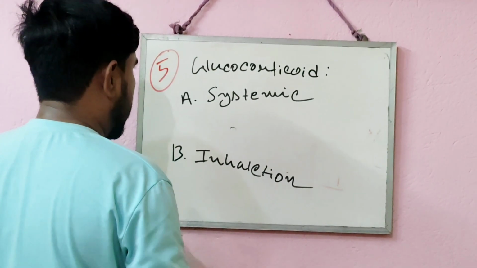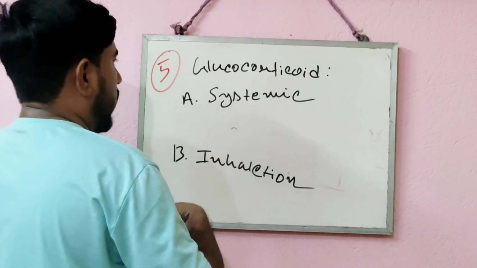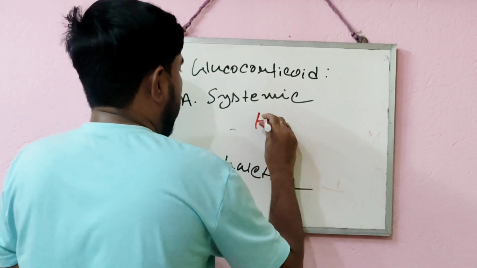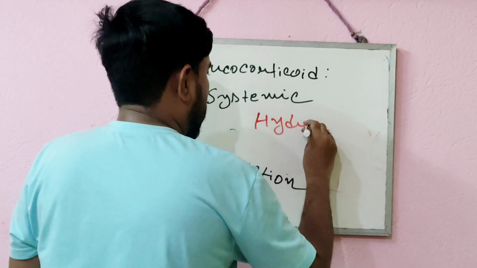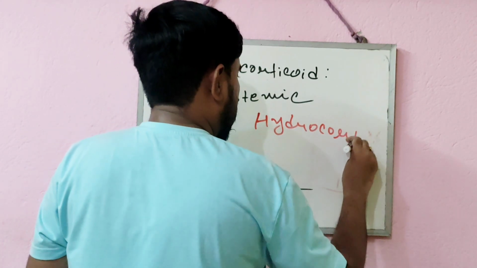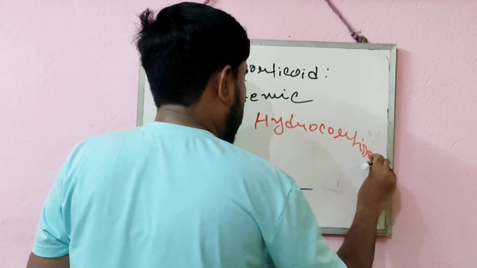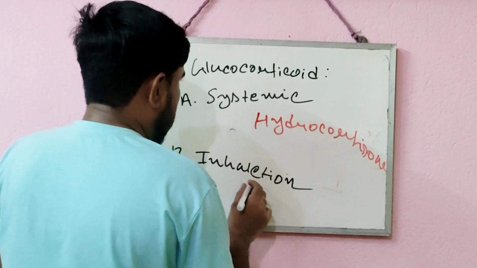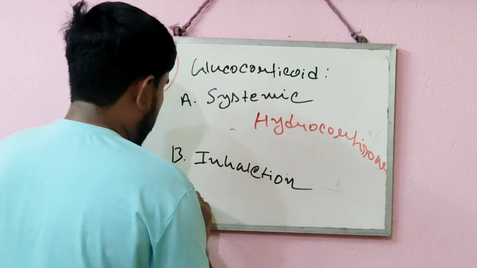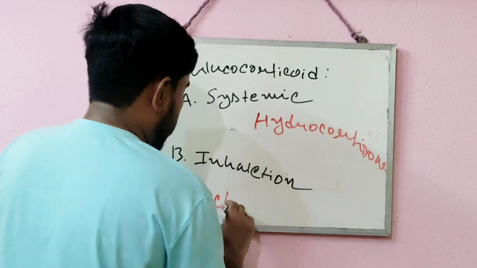And what was the example of that? For systemic, the examples were hydrocortisone or prednisolone, and for the inhalation glucocorticoid, the example was beclomethasone.